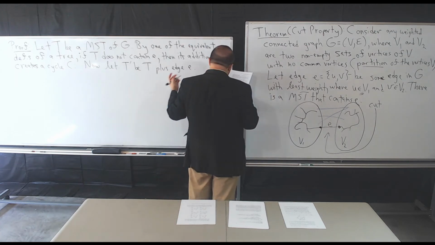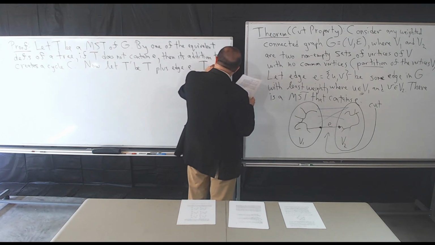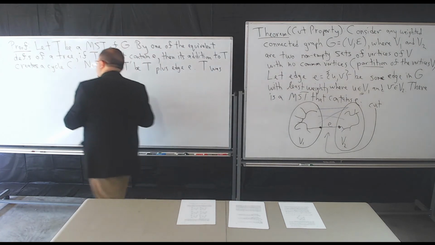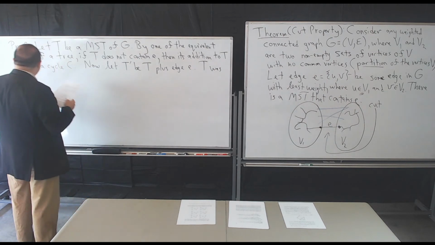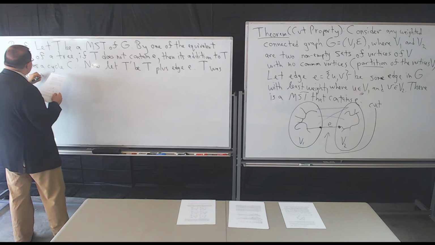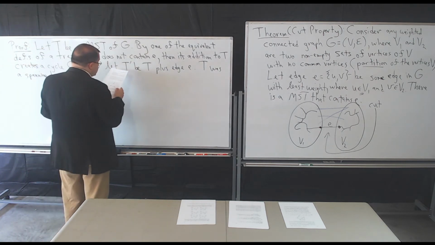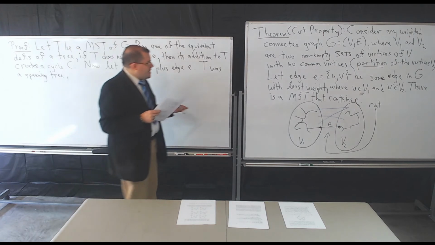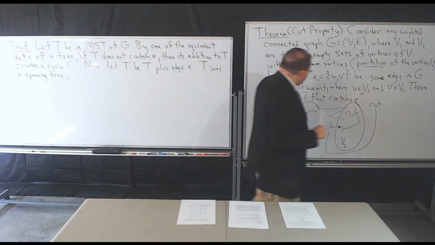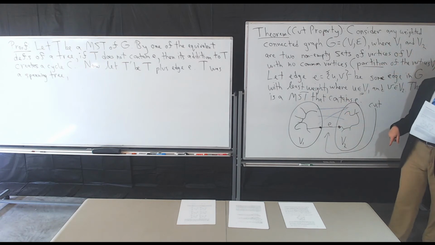Now, T was a spanning tree, right? T was a spanning tree. So what does that mean? If it was a spanning tree, what can you say about these blue edges?